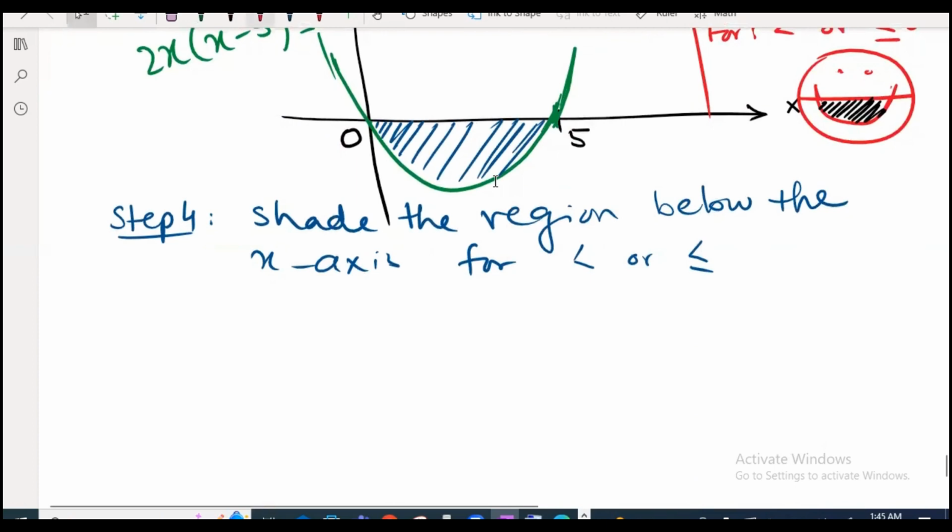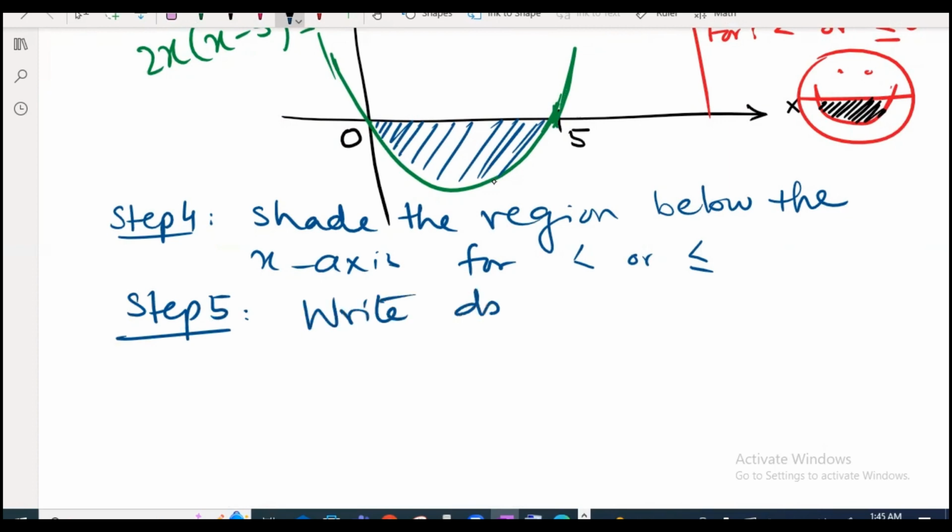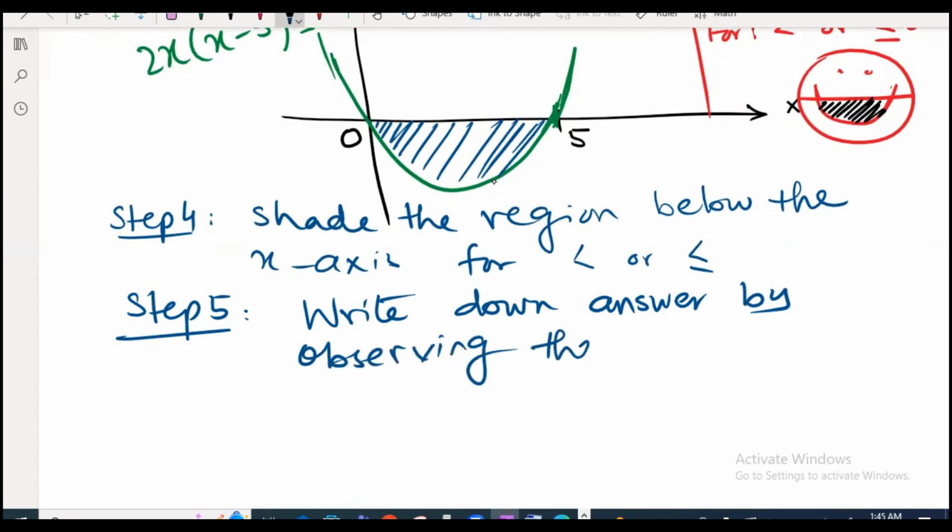Now, step number 5 here. Write down answer by observing shaded region. So the shaded region is here. So going to observe the shaded region, the values of x in between 0 and 5.